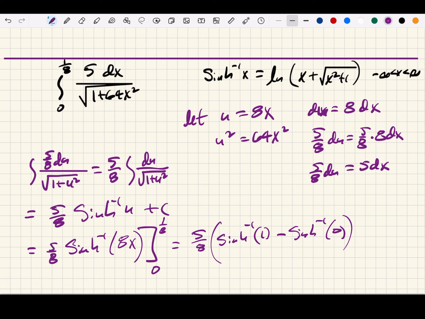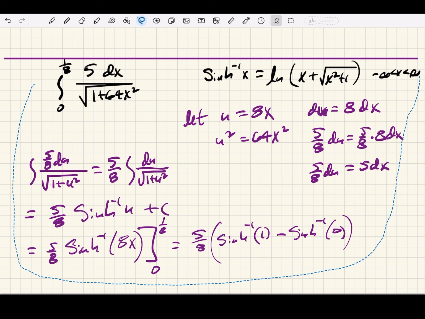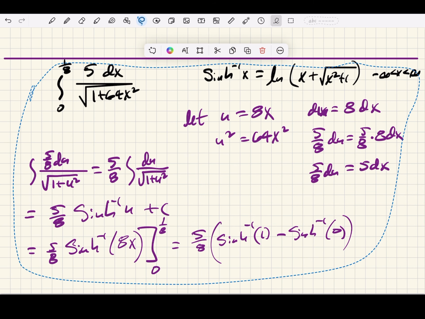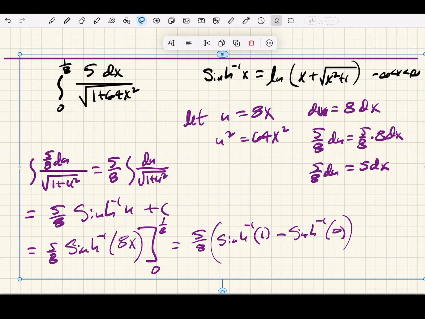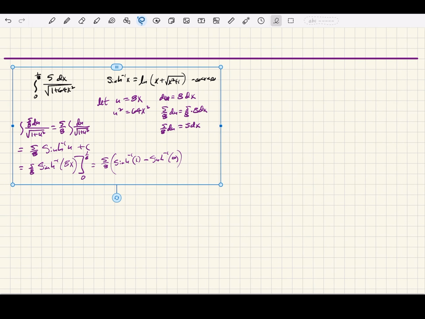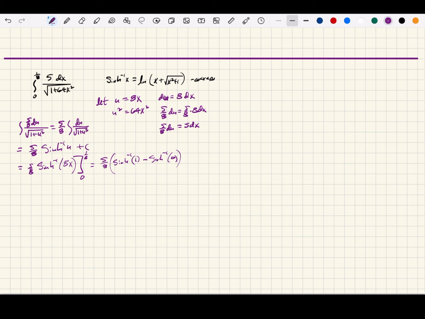Okay, so now we need to remember, what is inverse hyperbolic sine? And that's just a formula with the e's. Let's see how we're going to figure this out.